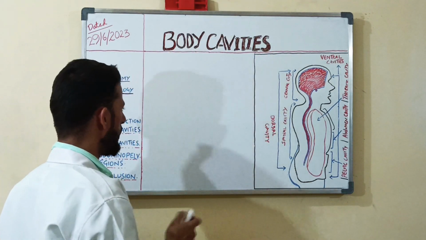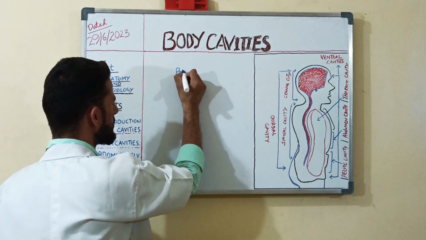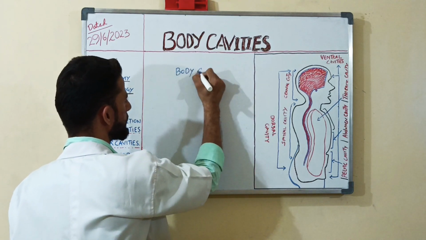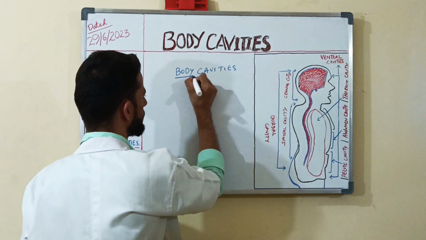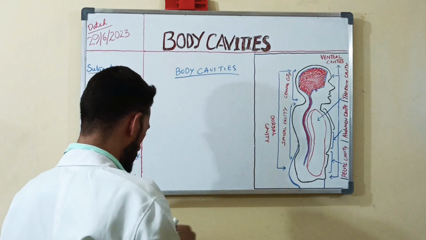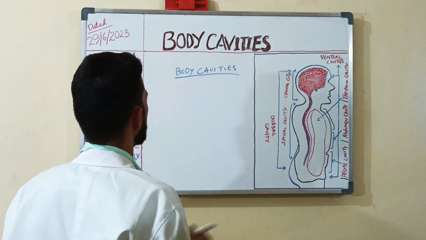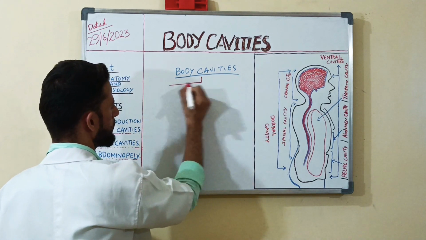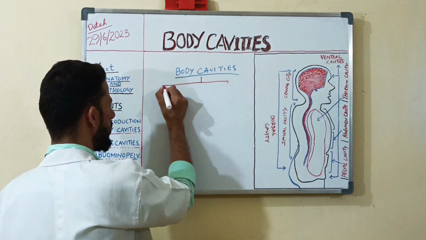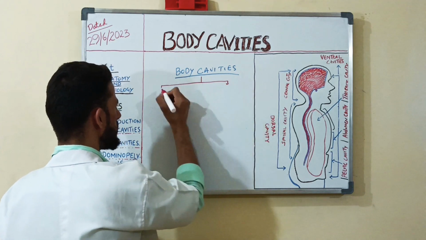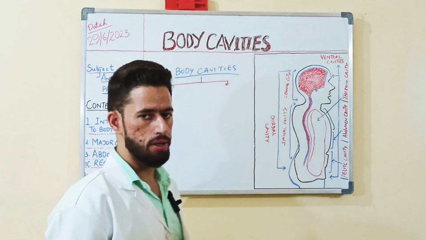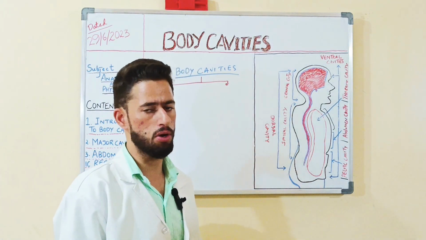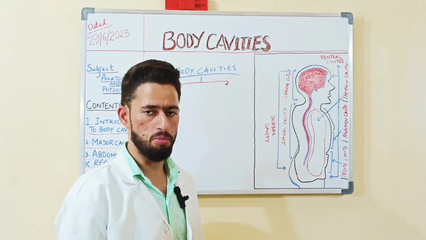So mainly we can classify body cavities as I already told you: some body cavities are located on the ventral, that is anterior part of your body, and some are located on the posterior part of our body.